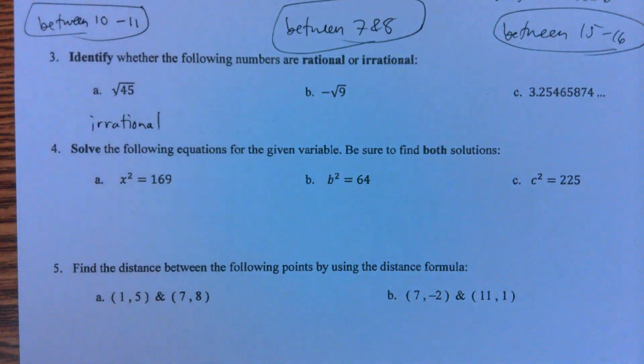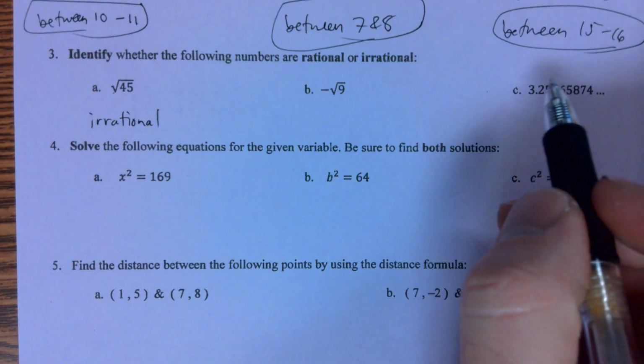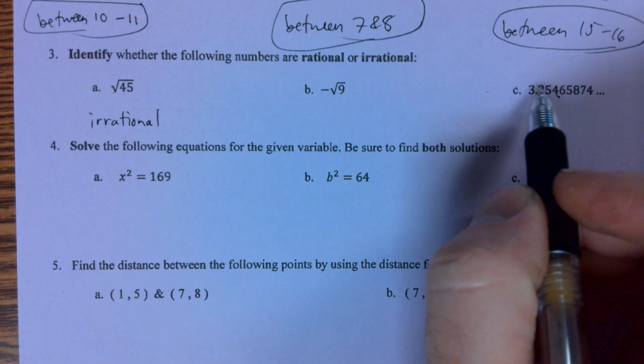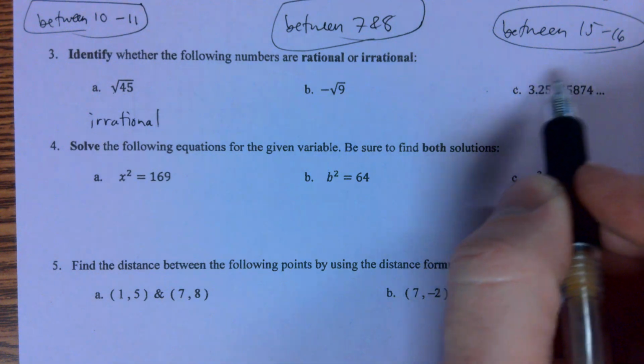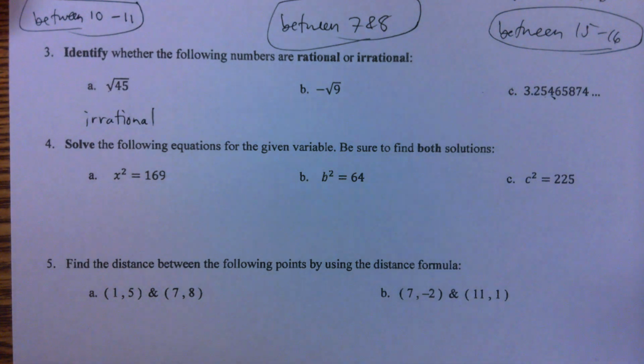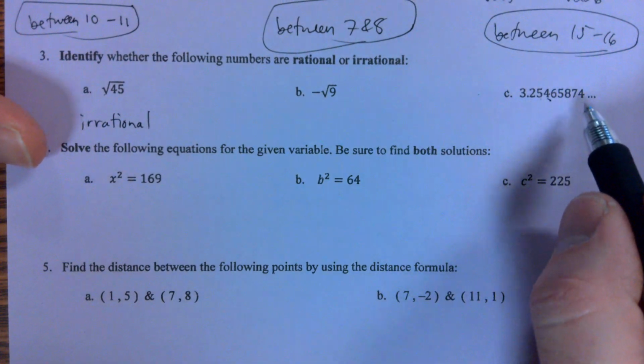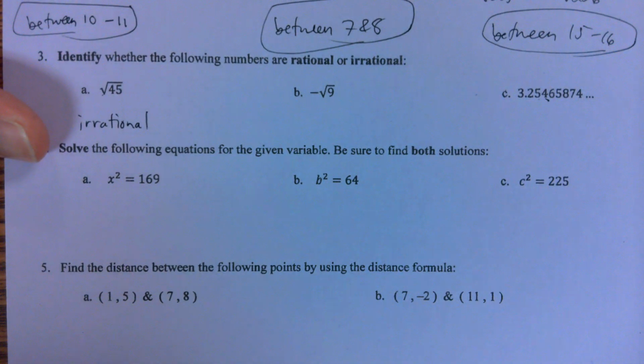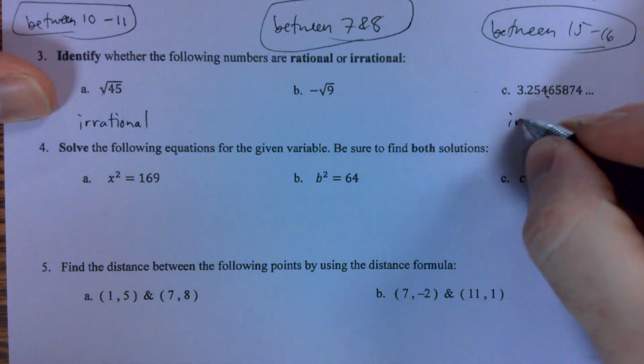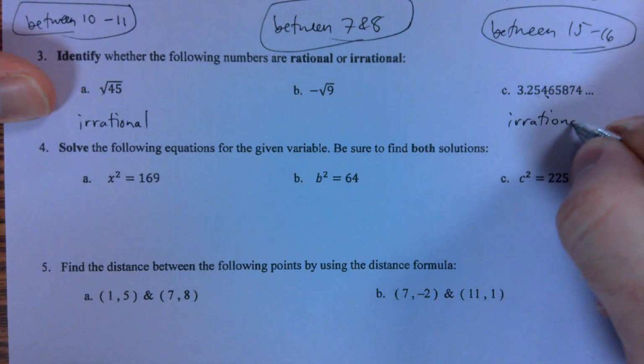If I were to plug this into a calculator, I would get a number that's real ugly, just like C. When I have a real ugly decimal that's not repeating in any recognizable pattern, 2, 5, 4, 6, 5, 8, 7, 4, and I have no idea what the next number is going to be after that 4, that is also an irrational number.